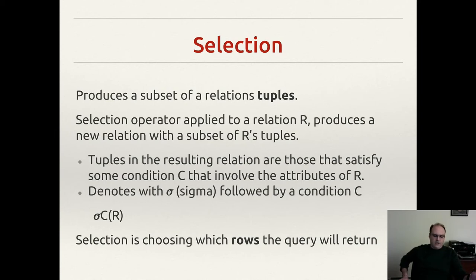So I say, select, let's just say star, because I'm not doing a projection here. So I'm going to return star, just means I'm going to return all of the attributes. Select star from users, where first name equals Brian, right?